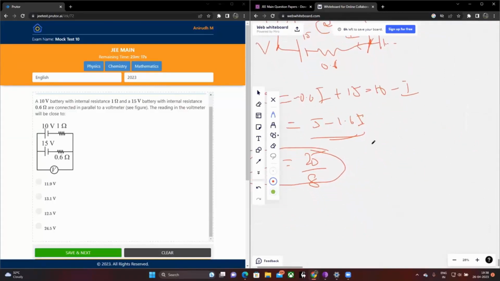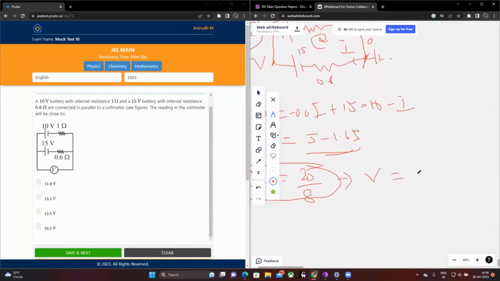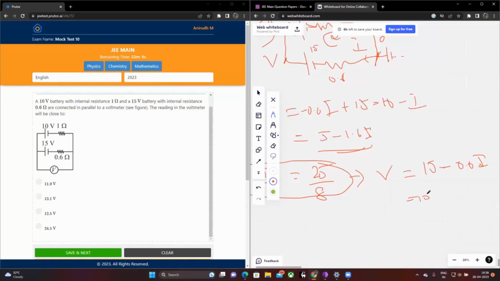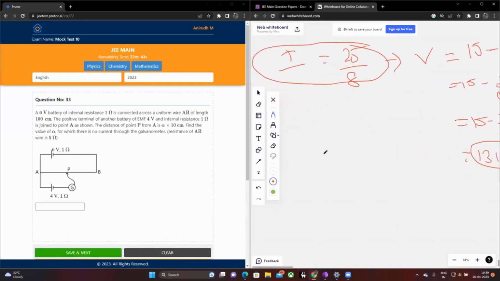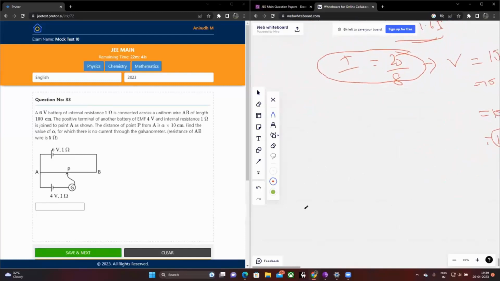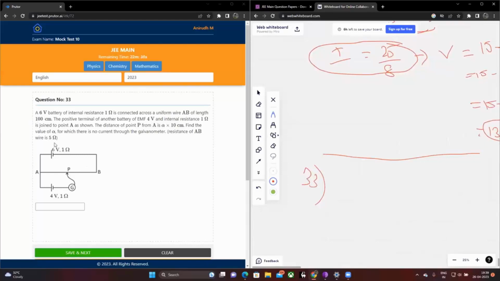And then this gives you the fact that V equals 15 minus 0.6 times I, which is basically 15 minus 3 by 5 into 25 by 8, which is 15 minus 15 by 8, which is 13.125 volts. So that's closest to 13.1 volt. That's the answer.